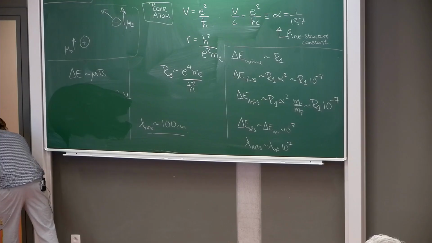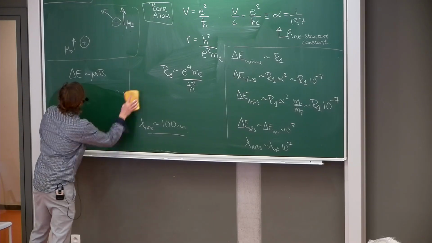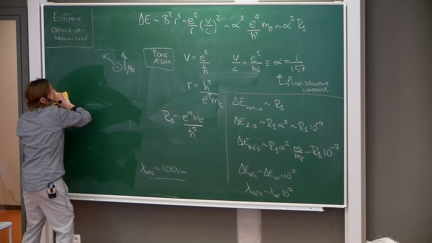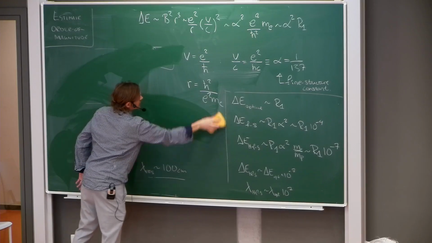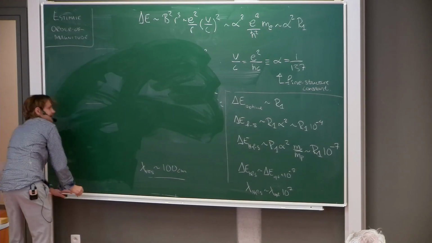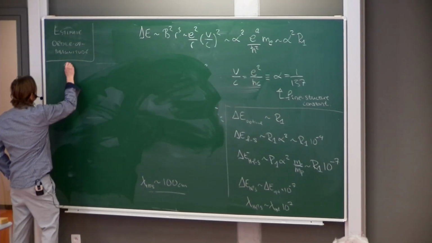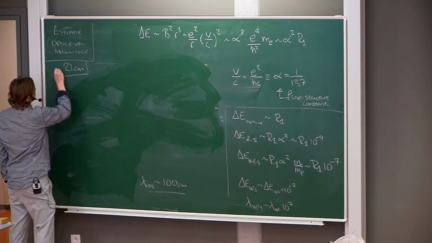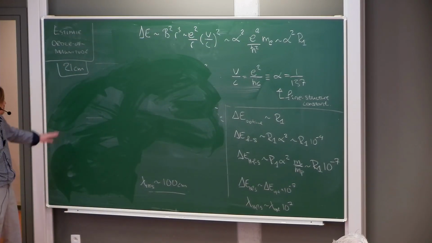Now, in that sense, like I said, the 21 centimeter line of hydrogen, probably the most famous line in all of astronomy, is because of this hyperfine splitting.